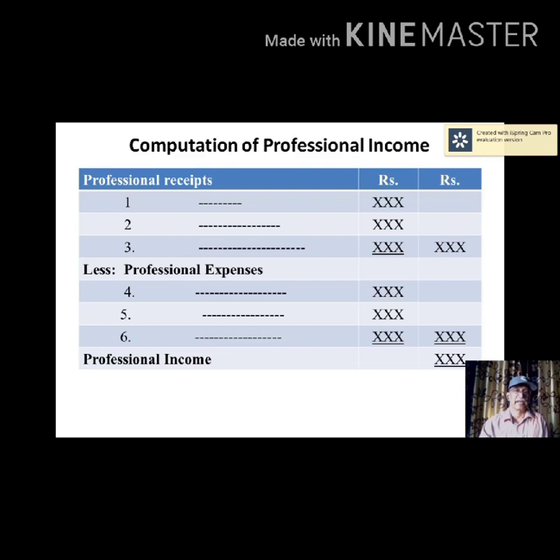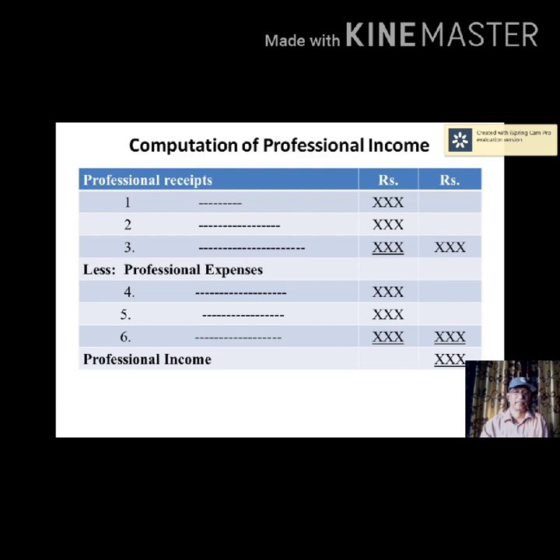Then regarding incomes which are credited to profit and loss account but either exempt from tax or taxable under other heads, they are going to be deducted. And then if there are some other small items, that will be adjusted, and ultimately we are going to calculate business income.